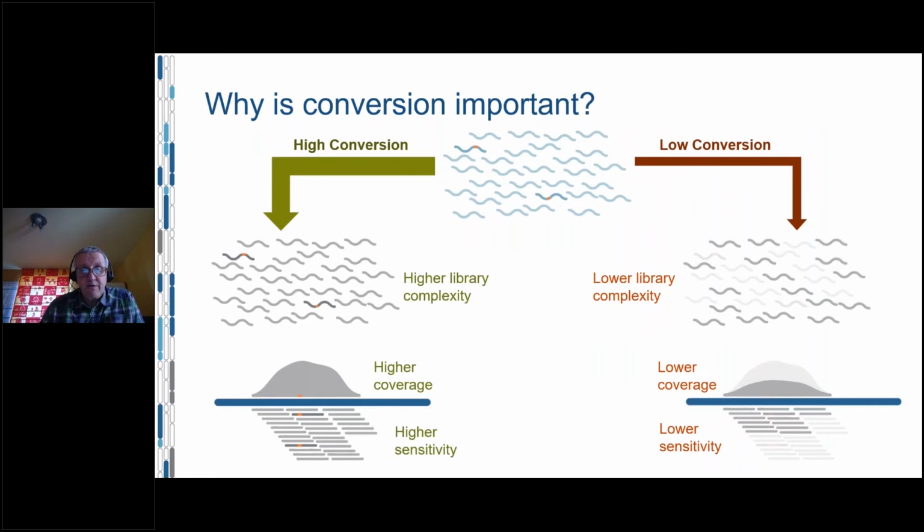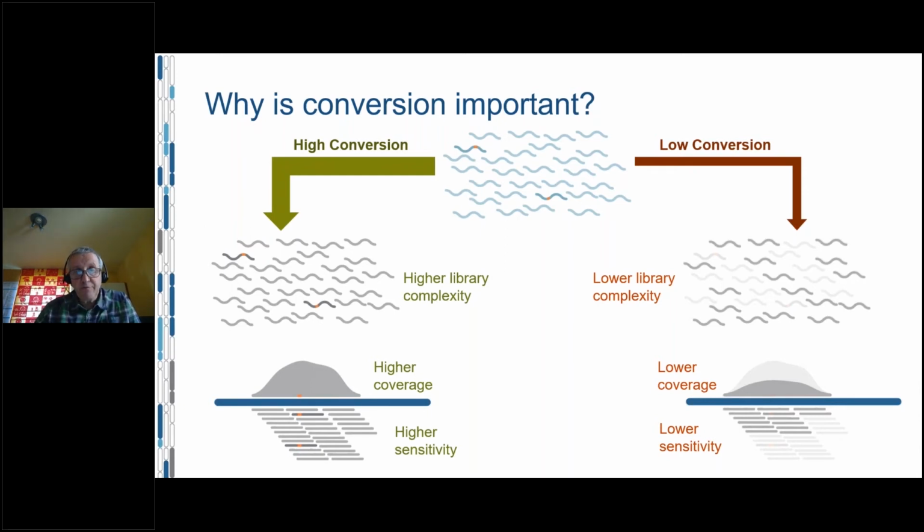Why is this conversion rate so important? Ideally, as illustrated in the central part, the molecules that you have in your sample, you want them all to be converted into the library, because this initial set of molecules will contain at low frequency the variants you're interested in.